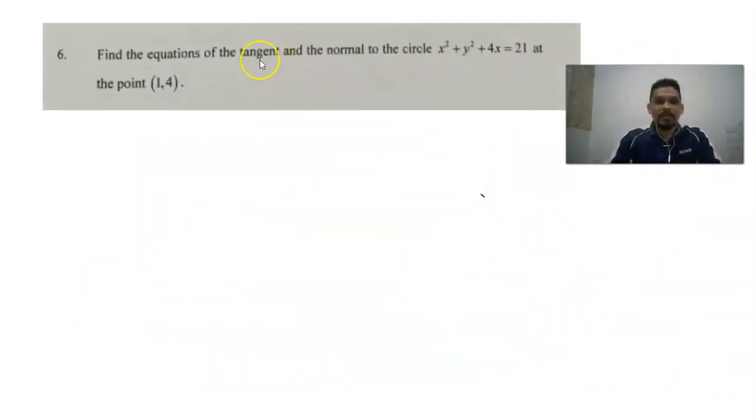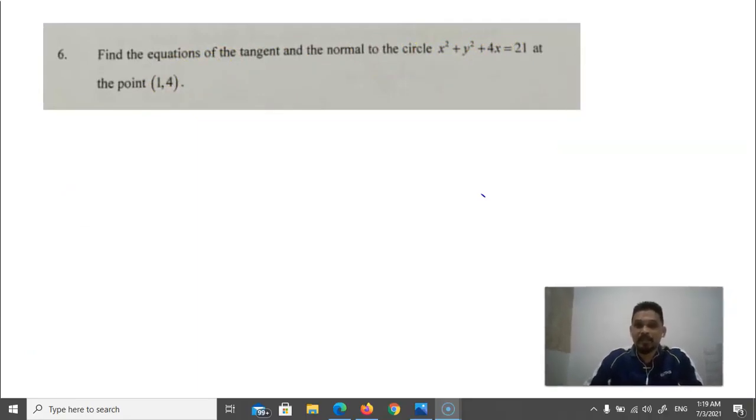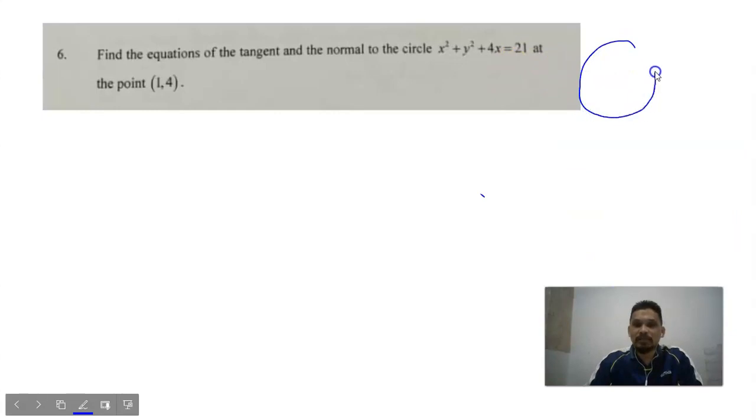Then next, find the equation of tangent and normal to the circle at the point 1 and 4. Okay, so just imagine that there is a circle here, and there is one coordinate, for example, this is a coordinate of 1 and 4.